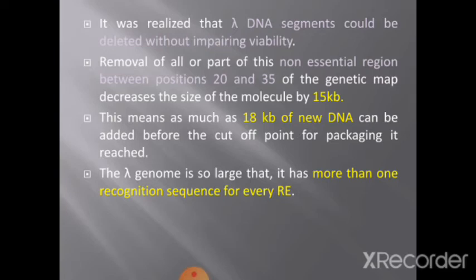That means as much as 18 kb of new DNA can be added without hampering the packaging process of lambda phage heads. And the lambda genome is so large that it has more than one recognition sequence for almost every restriction endonuclease. So this made people exploit lambda phages as vectors.